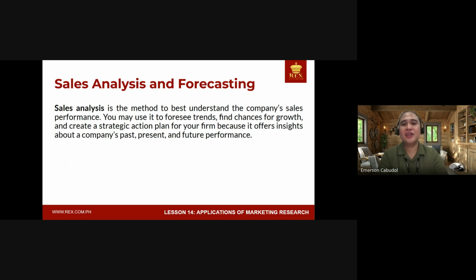Sales analysis uncovers opportunities for growth by highlighting areas where sales may be lagging or where new markets could be explored. This provides information into customer preferences, product performance, and competitive positioning. With this information, businesses can develop strategic action plans that align with the goals. So, we are able to optimize resource allocation and enhance overall sales effectiveness.